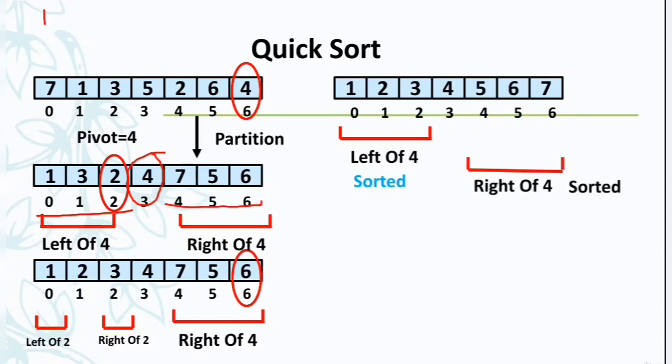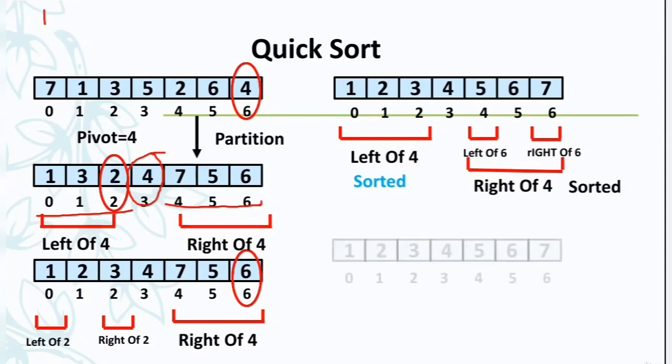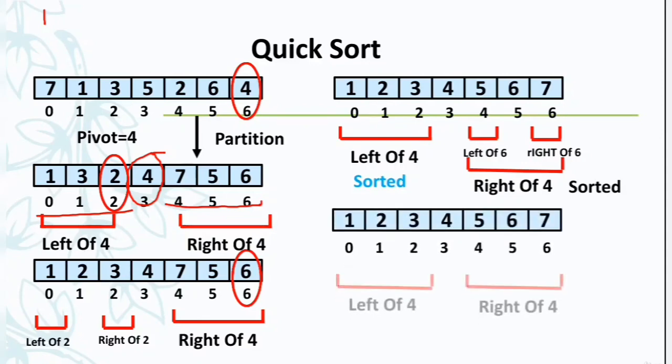So now we can say that the right of 4 is also sorted. As 5 and 7 are single elements, they are sorted. So now we can say that the whole list is a sorted list.